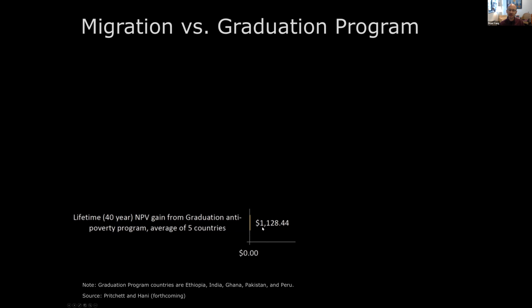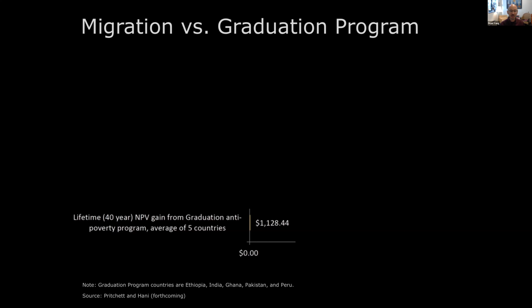The number here, about $1,100 US, is the lifetime net present value of the gain from the graduation anti-poverty program, the average across the 5 countries listed here: Ethiopia, India, Ghana, Pakistan, and Peru. So quite a substantial gain. But Pritchett and Honey's point is that this gain is dwarfed by just a little bit of international migration.